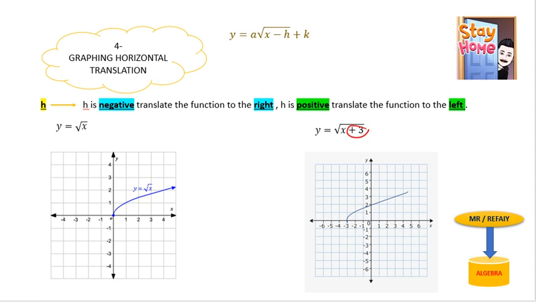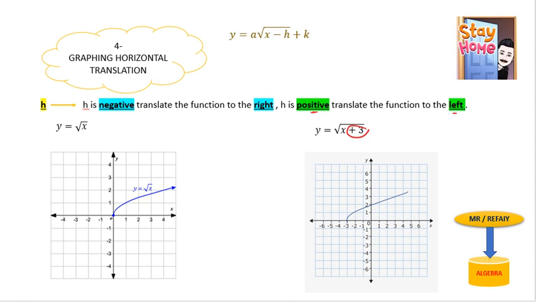And h here is positive. If it's positive, shift left by that number of units. If it's 4, start from negative 4. If it's 5, start from negative 5. But if it's negative 3, shift right, so start from 3. If it's negative 4, start from 4. It means it starts from the opposite.